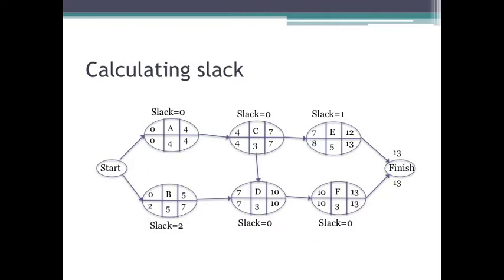The reason why is because that 13 weeks is created by that critical path, by that set of tasks that developed that 13 weeks. So, tasks A, C, D, and F have a slack of 0. They cannot be delayed without delaying the entire project. And it is this path of tasks that we call the critical path.